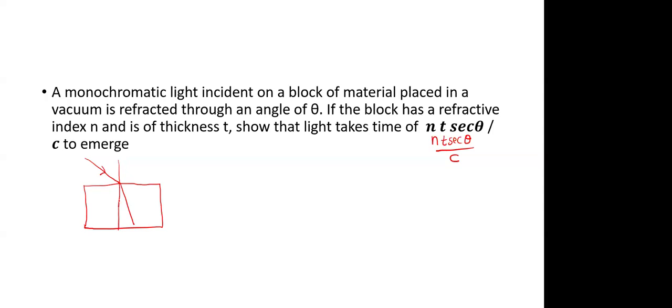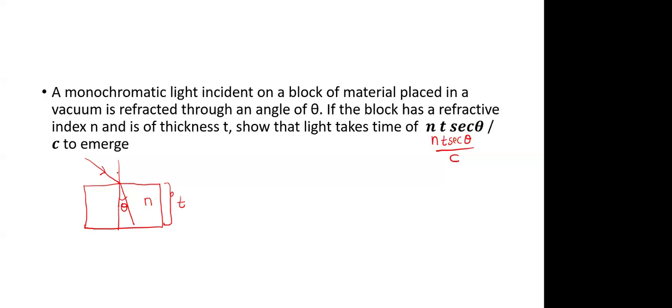So the angle of refraction here is theta. If the block has a refractive index n, and thickness, this is what we call the thickness, and that thickness is T. Hope we are together on that.